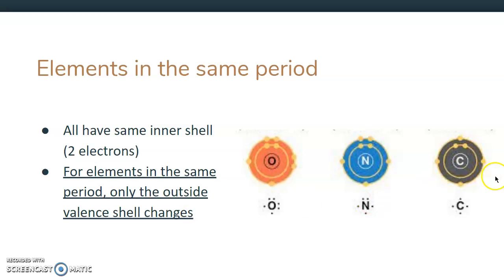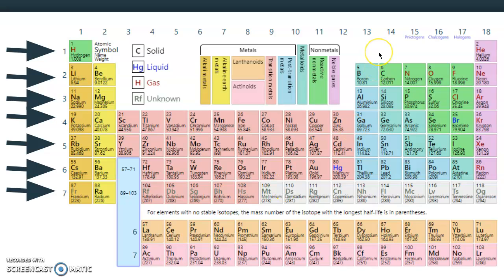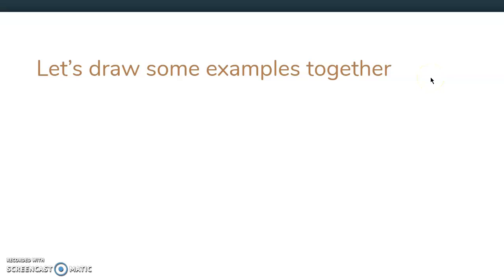So carbon's actually number 6, nitrogen's number 7, and oxygen's number 8. So we can see that there are 4 valence electrons in carbon, 5 valence electrons in nitrogen, and 6 valence electrons in oxygen. So we are just adding 1 more each time as we go across the periodic table, looking at carbon here, nitrogen here, oxygen here.